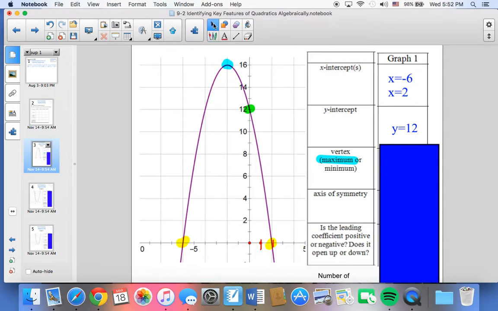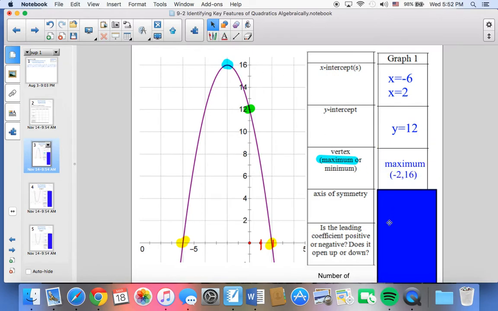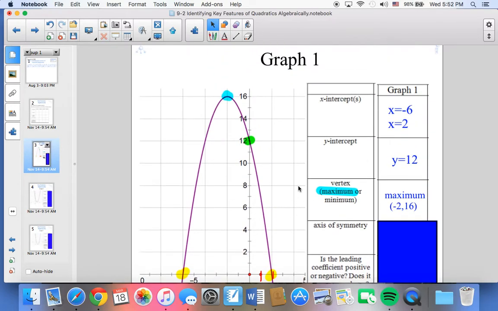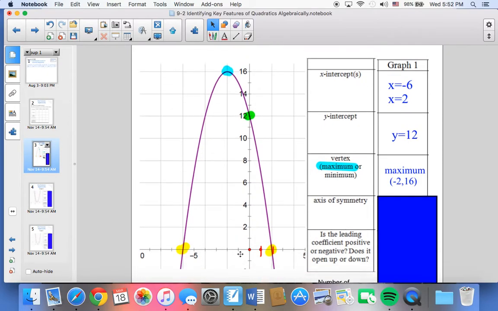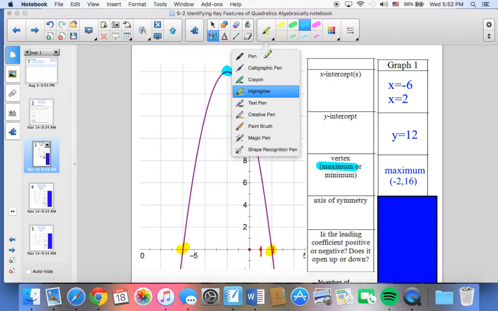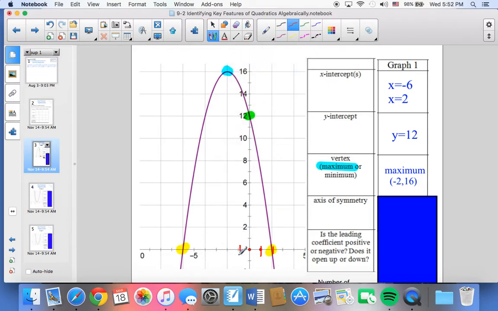And we want to find the coordinates of this vertex: -2, 16. The graph is a little hard to see here, just so you can see it a little bit better. Here is -1, here is -2. So I went left 2 and up 16.